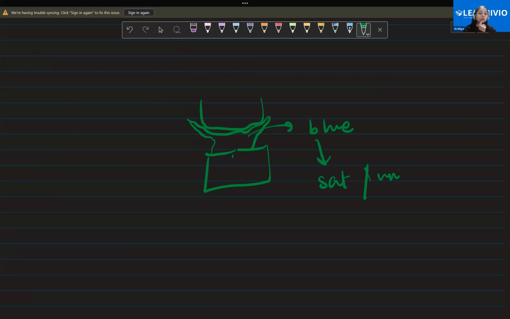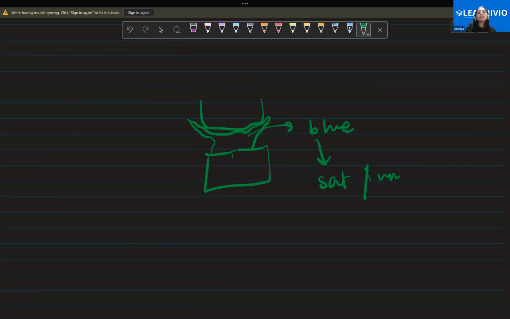Now the LPG we use in our homes, is that saturated or unsaturated? That is saturated. And we did one example of LPG, where the question was that when we burn LPG, a saturated hydrocarbon, it still gives out some soot and forms a black layer on the utensil, right?